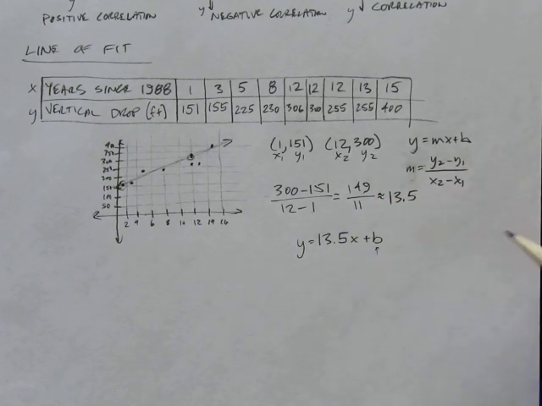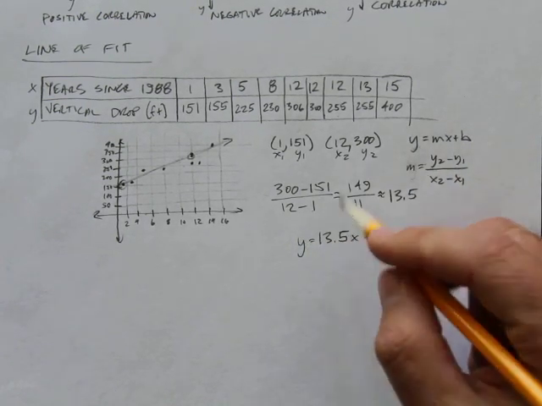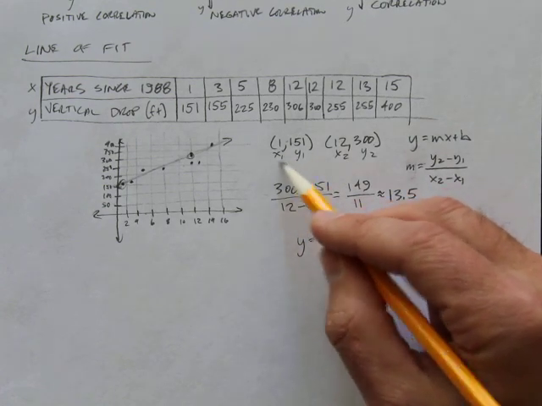Now I just need to solve for b. So how do I solve for b? I just choose one of these points to plug in my x value and my y value. I'm going to do this one.